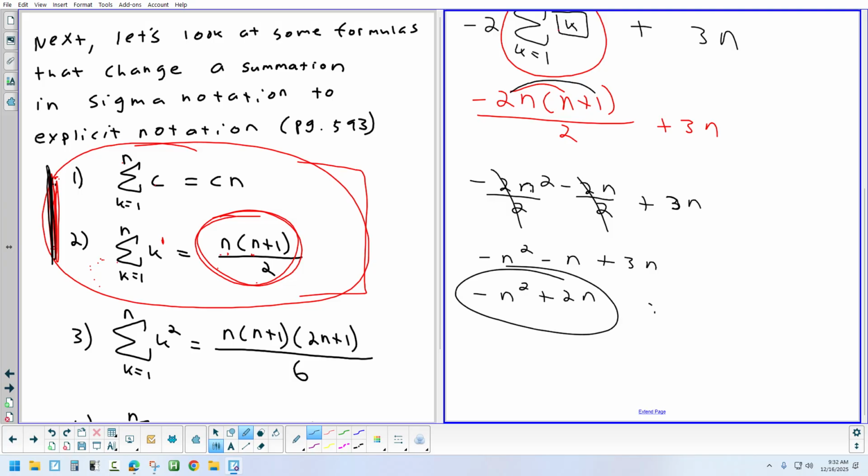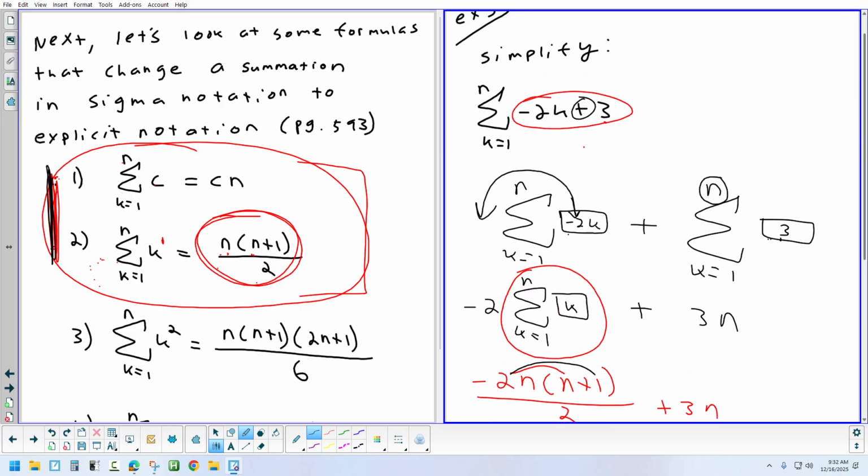And that's your answer. So what does that formula do for you? Let's say that I wanted you to do this from 1 to 500. That means I want you to plug in 1 for k, write down what you get. Plug in 2, write down what you get. Plug in 3, 4, 5, go all the way to 500, and write down every answer, and then add all those answers up.